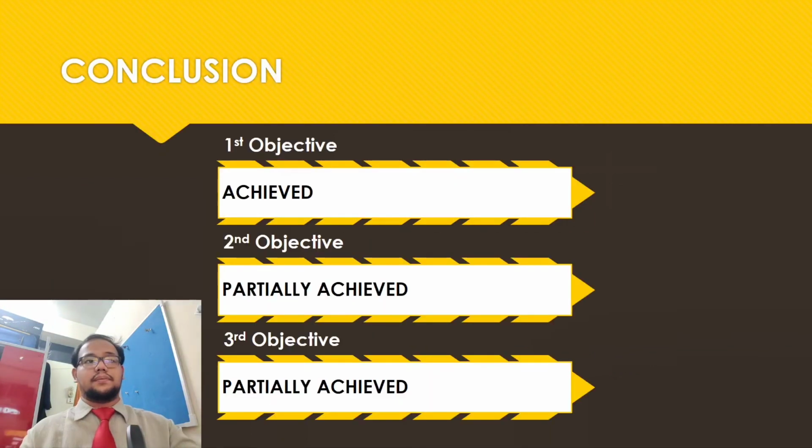So for the conclusion, our first objective, which is to design and develop the PID control thermoelectric system, is achieved because we can control the temperature using the PID controller. The second objective, which is to implement our design, is partially achieved, because we had to make some changes.